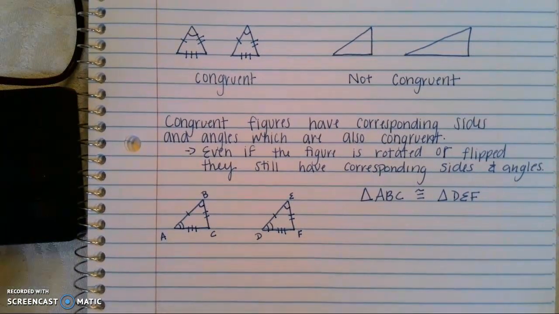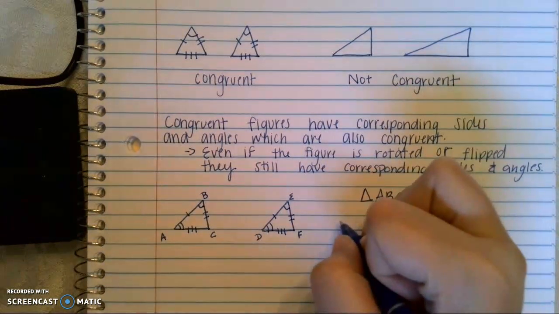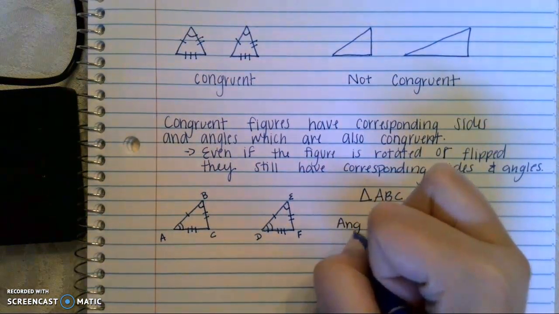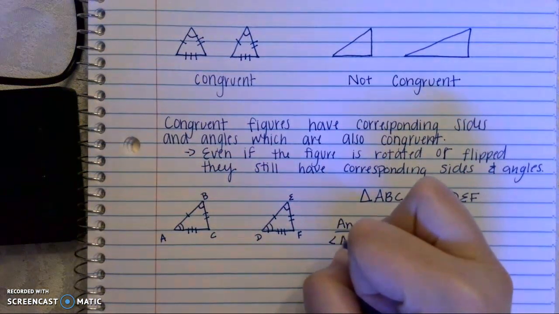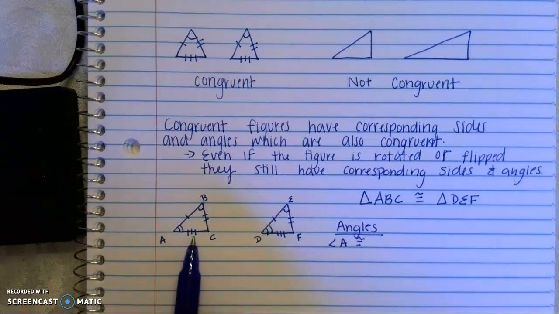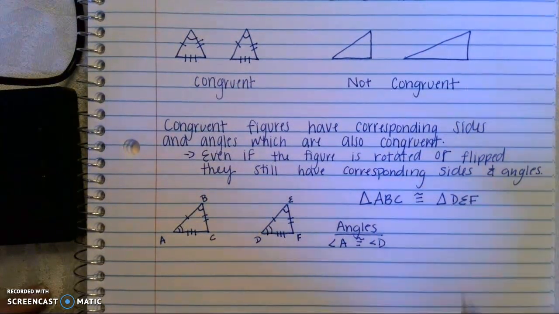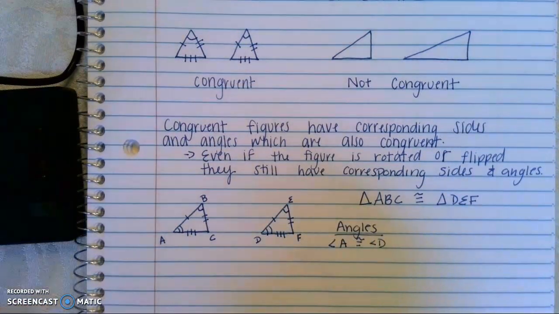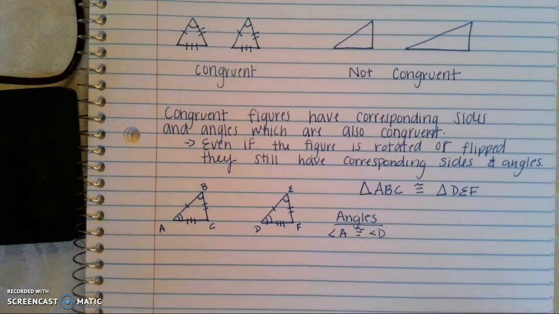So to do that, you're kind of just playing a matching game. So if we do our angles over here, angle A is congruent, or is in the same spot, as angle D. So I would know that those two are congruent to one another. Okay, the shadows are really bad today.